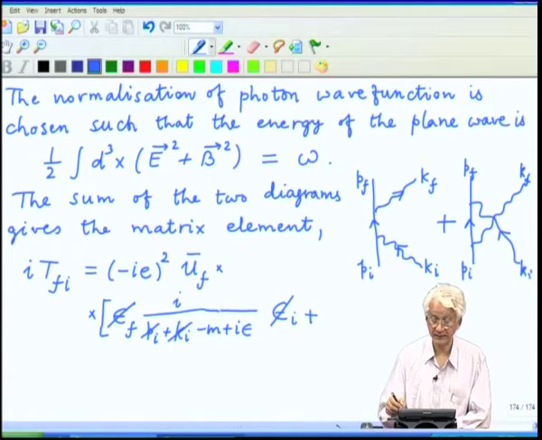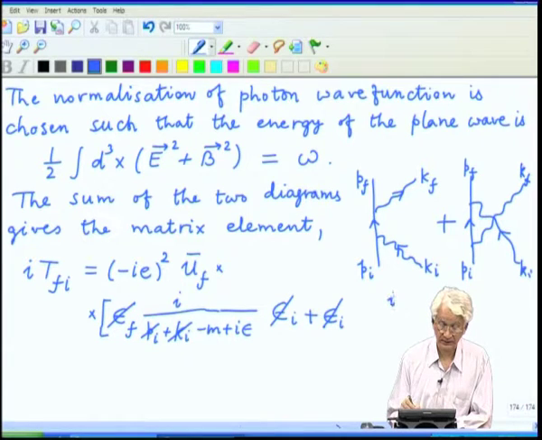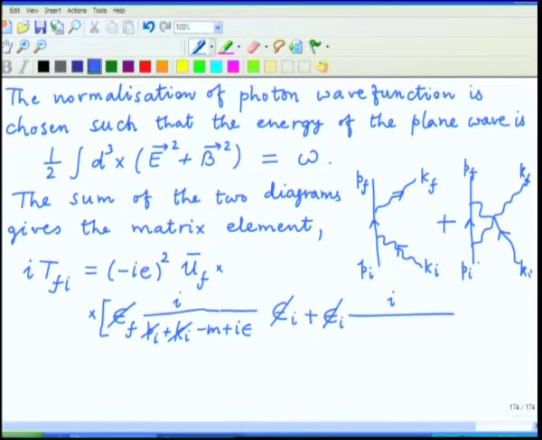And now, the similar thing for the second diagram, but now the vertices are interchanged. First we have epsilon i slash, then there is an i times the propagator for the photon, but the momentum conservation now says that this intermediate momentum is p i slash minus k f slash, that photon got emitted first, and then minus m plus i epsilon, and then now you have epsilon f slash.